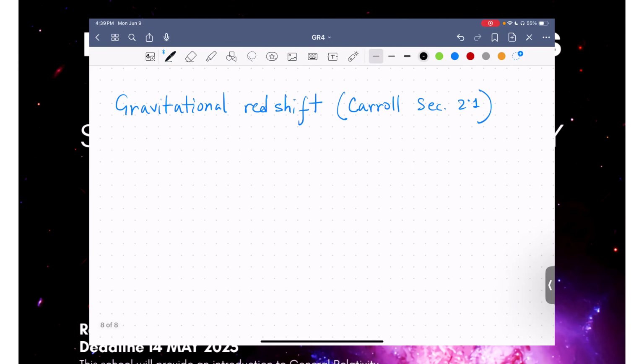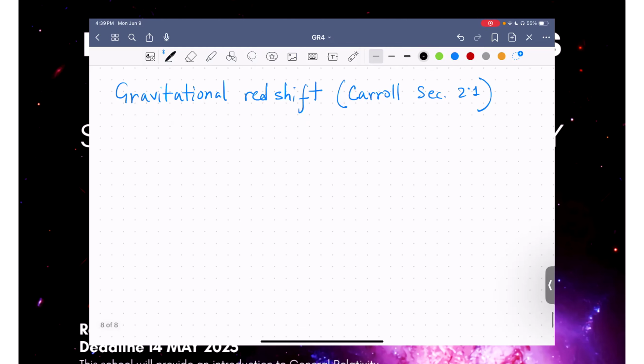This is actually a very nice thought experiment. First, let's assume that there is no gravity, but let's think about Einstein's thought experiment of an elevator in free fall, or rather an elevator that's accelerating at a constant rate.